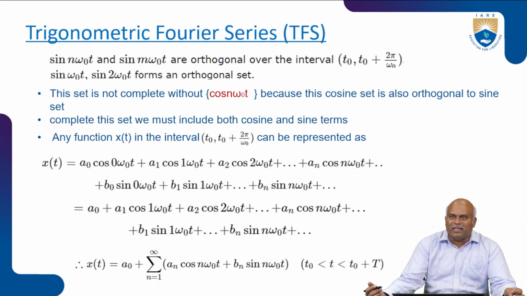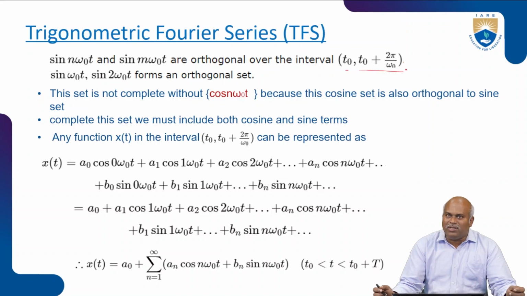So in this orthogonal condition, each of the signals sin n omega 0 t and sin m omega 0 t works over the interval t0 to t0 plus 2 pi by omega 0.